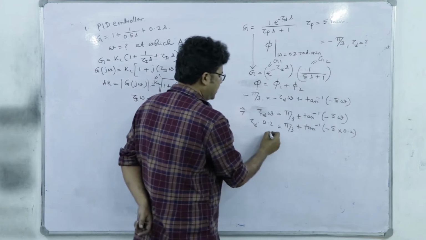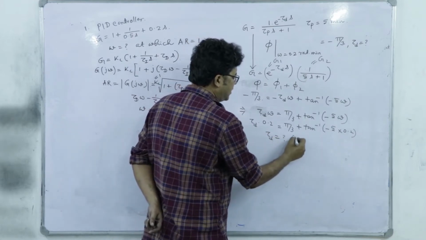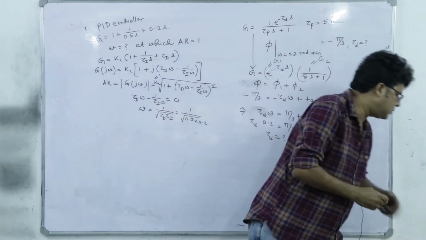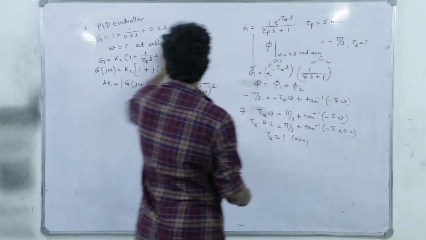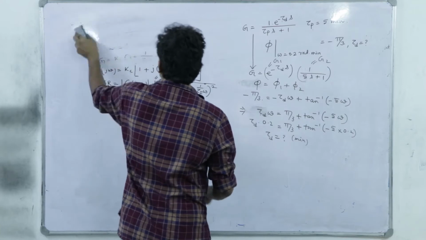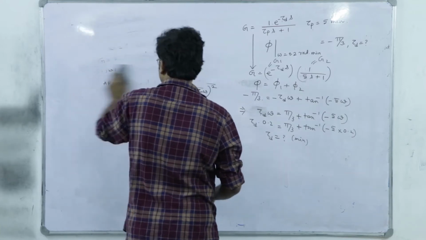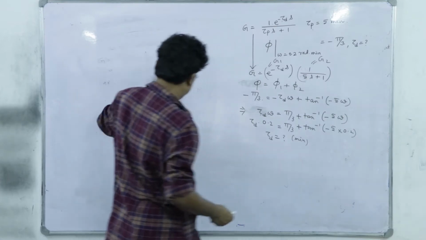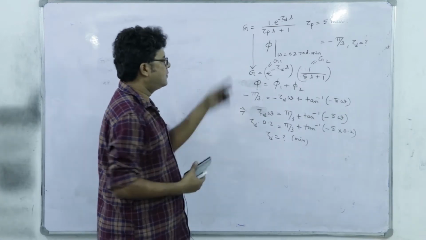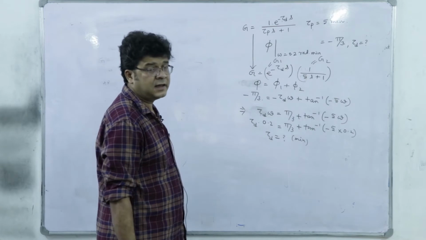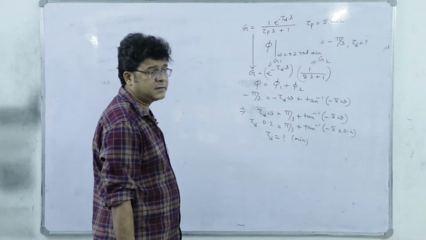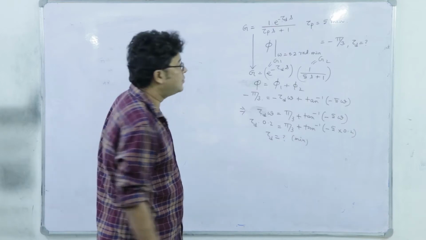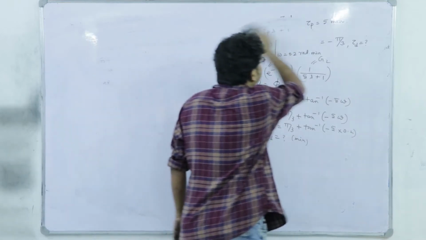You can calculate that and solve tau d in minutes. So that's the understanding that for a multi-capacity process, the phase shifts are to be added, whereas the amplitude ratios are to be multiplied.